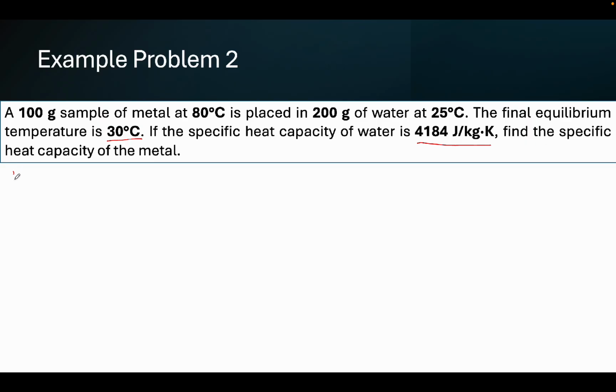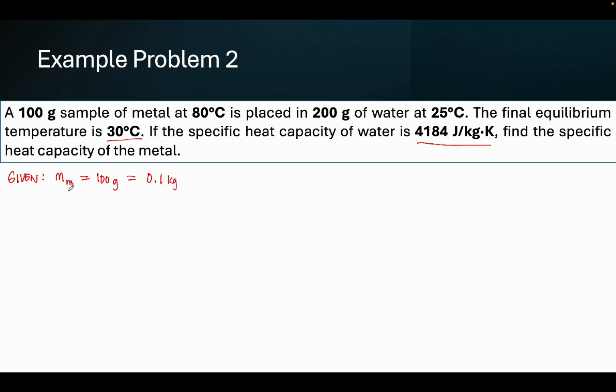So, that is the first step before we proceed in solving this problem. The first given is the mass of the metal, M sub M for mass of the metal, which is 100 grams. Or if you convert that to kilograms, since we use the basic unit, it is 0.1 kilogram.